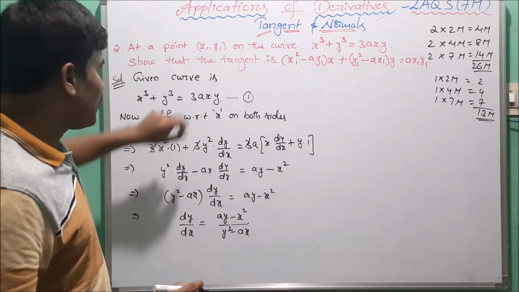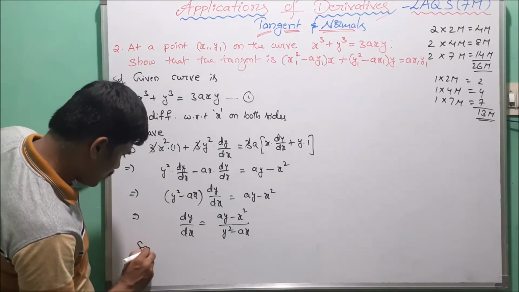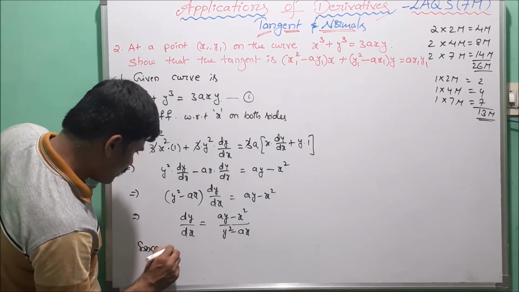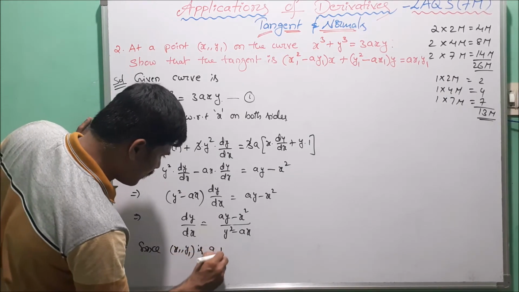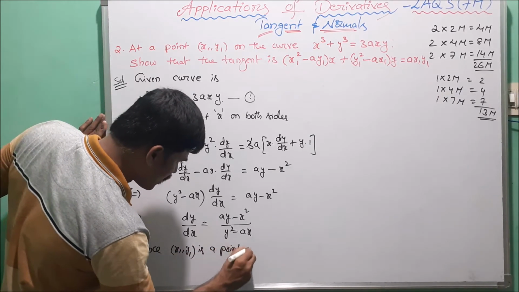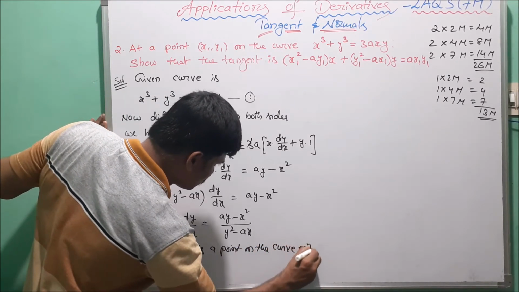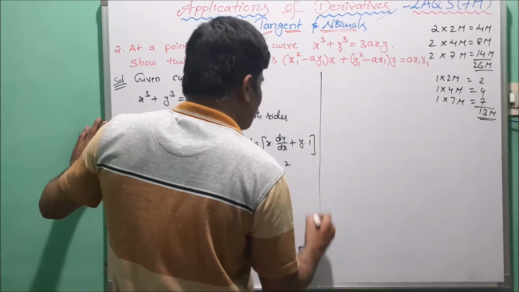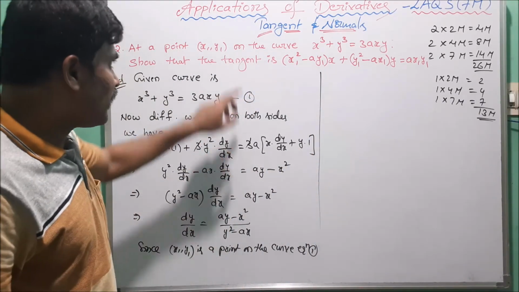Now here clearly x1 y1 is the point on the curve. Since x1 y1 is a point on the given curve, equation 1. Now we take slope of the tangent.